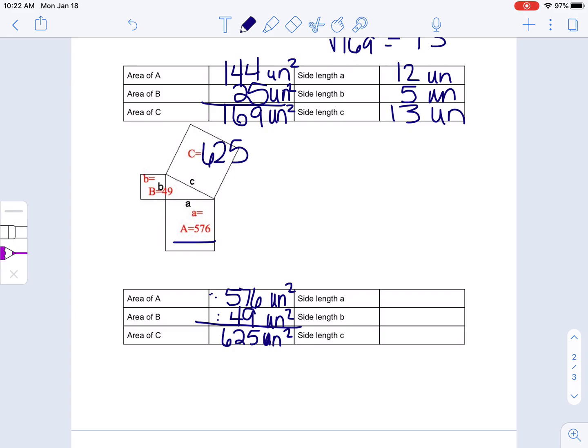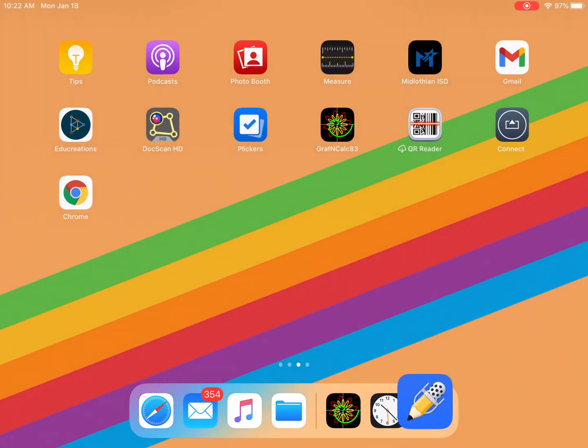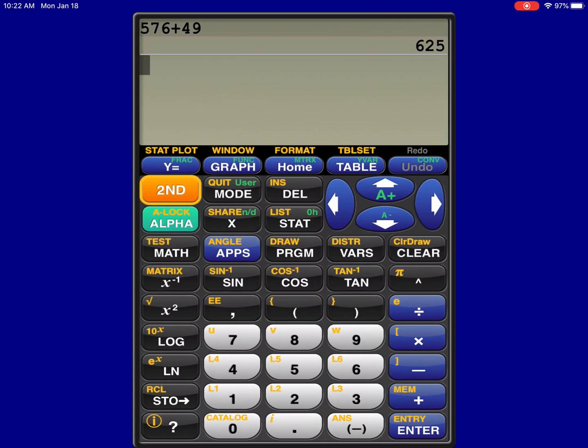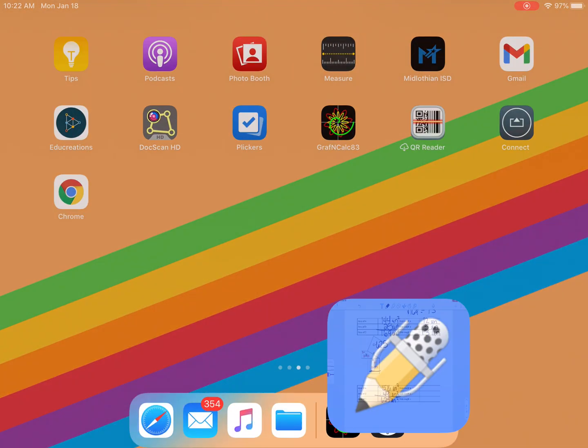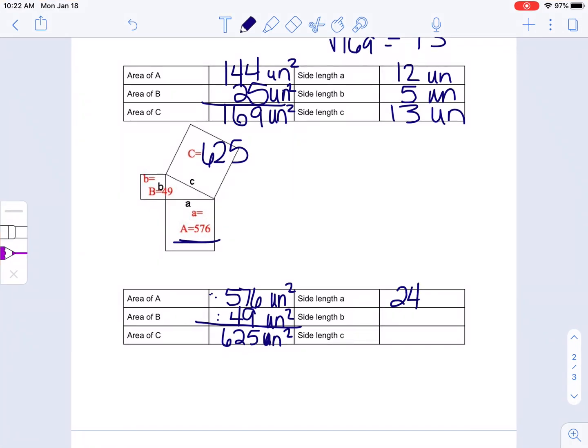Now to find the side lengths, we can take the square roots of each of these. So the square root of 576, you do second x squared, 576 is 24. So this is 24 units, that side of that triangle right here. So if I draw the triangle out here, this would be 24 units long. This side right here, side B, would be 7 units long because the square root of 49 is 7.